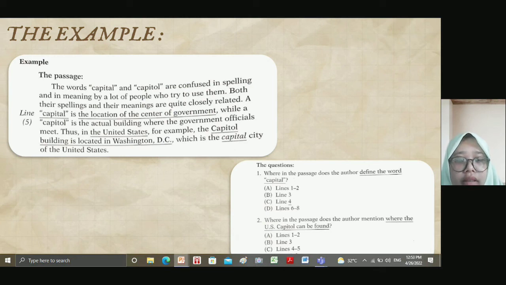What I'm trying to say about skill 6 is we must find the word of the location and the line of the text.